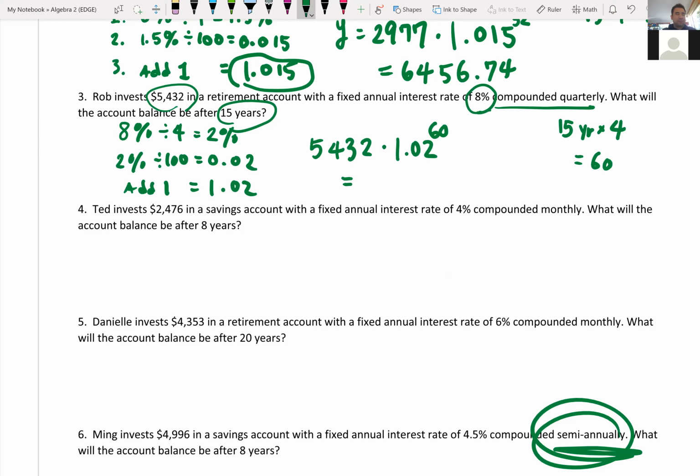Let's figure it out. So 17,000, 18,000. Tripled the money over 15 years.